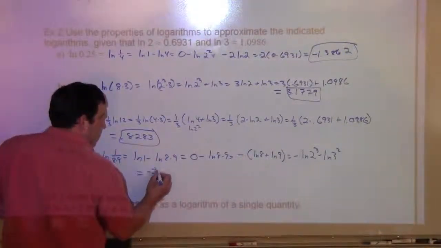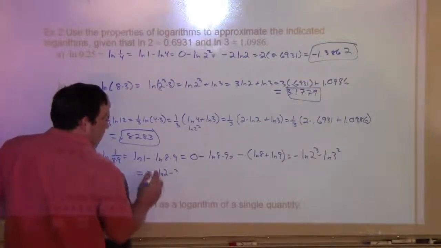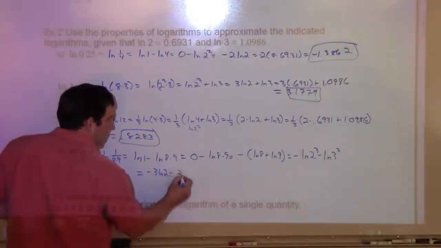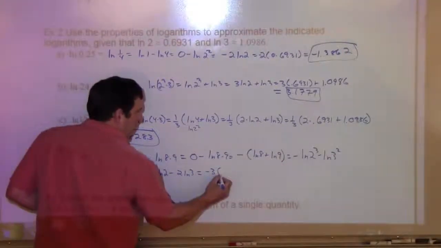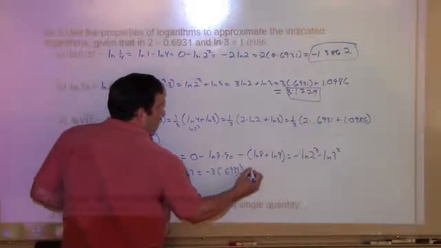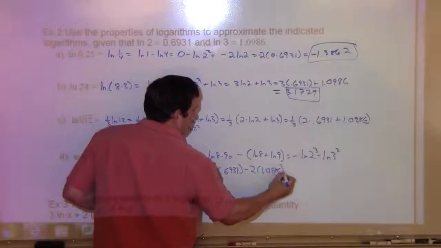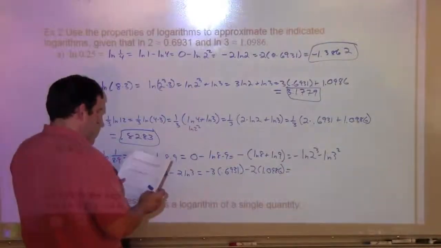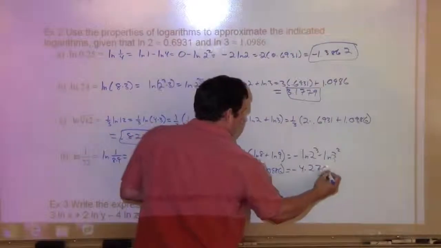That's negative 3 natural log of 2 minus 2 natural log of 3. That's negative 3 times 0.6931 minus 2 times 1.0986. What do we get from that? Negative 4.2767.